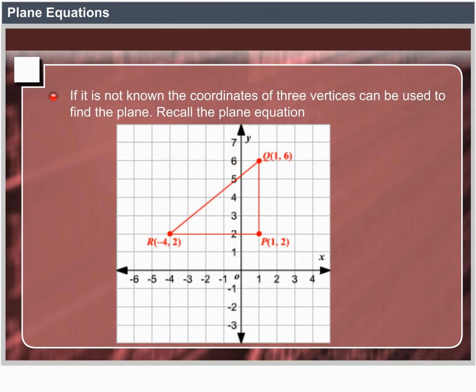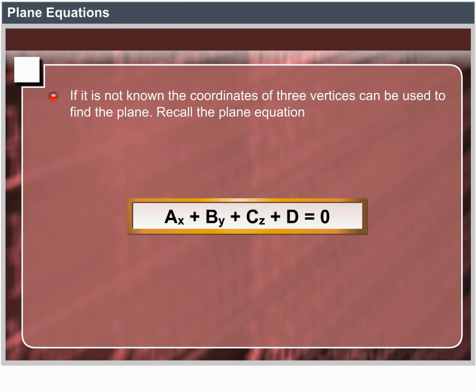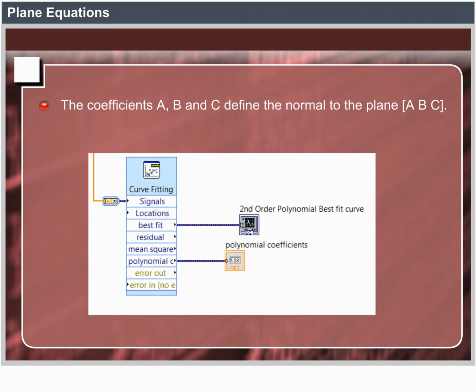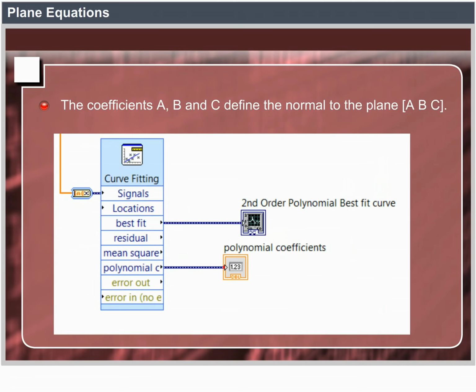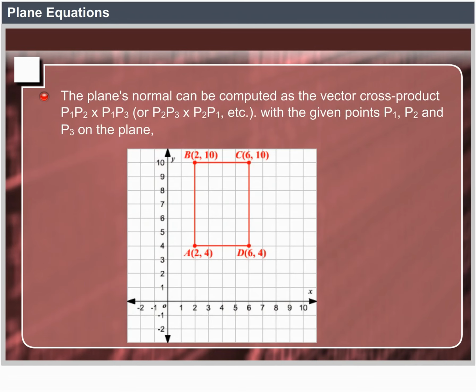Recall the plane equation ax plus by plus cz plus d equals 0. The coefficients a, b and c define the normal to the plane. Given points P1, P2 and P3 on the plane, that plane's normal can be computed as a vector cross product P1P2 cross P1P3, or P2P3 cross P2P1, etc.